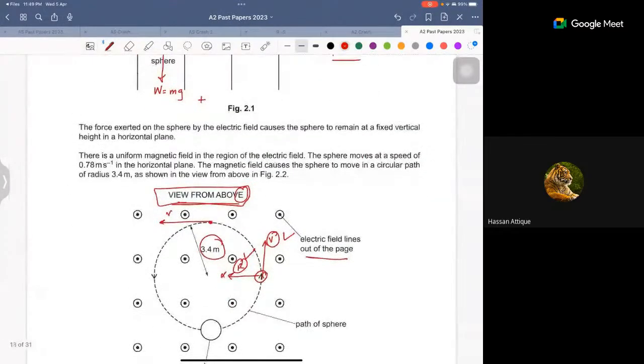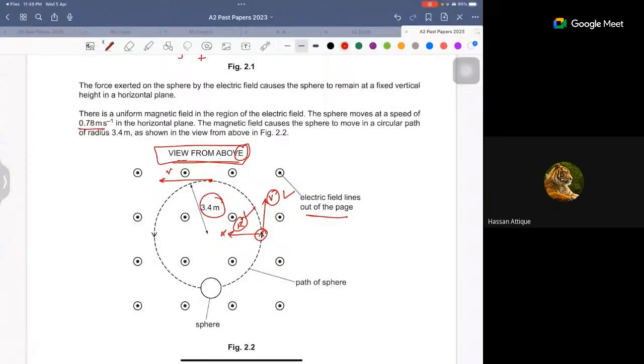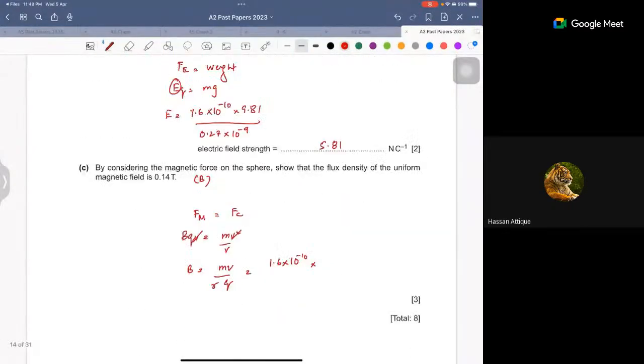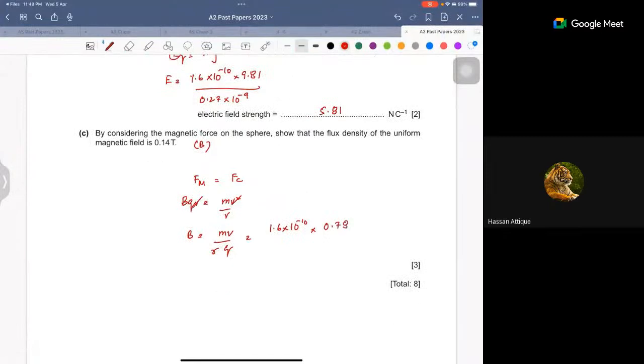Do you have the velocity? Yes, 0.78. Okay, very good. 0.78 divided by 3.4, I believe, and the charge was 0.27 times 10 to the minus 9.